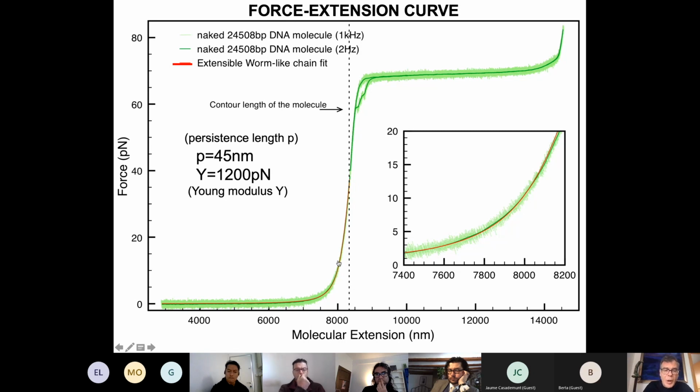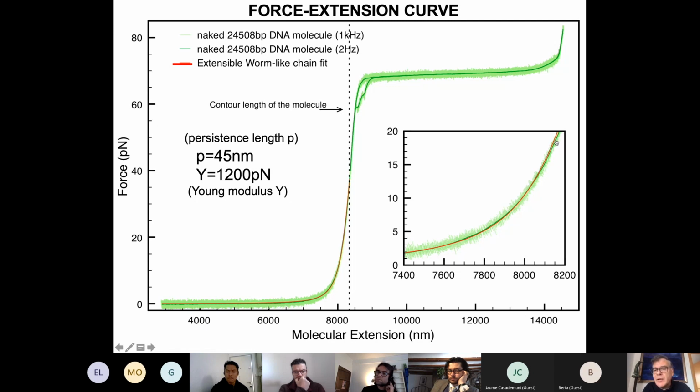And you can fit this low force regime. You see here an inset in this square from 0 to nearly 20 piconewtons. We fit with a worm-like chain model, which is a more elaborated version of the freely jointed chain model. And you see this is the red line, the model. The green line, there are two green lines. There is the noisy green line, which is the 1 kilohertz measurement with thermal fluctuations, Brownian fluctuations.